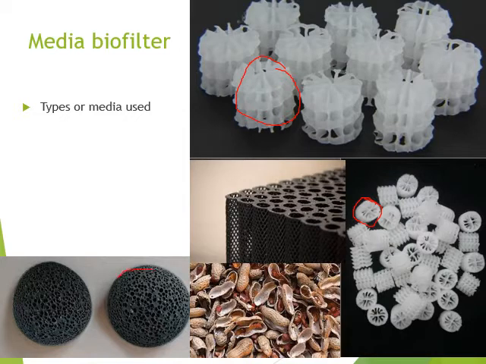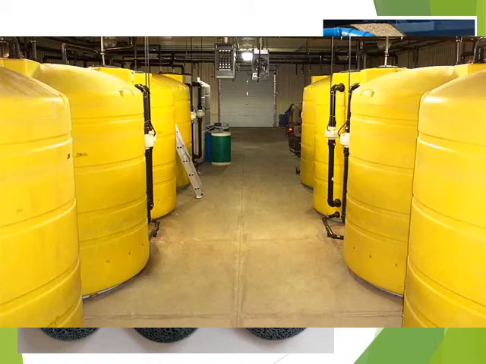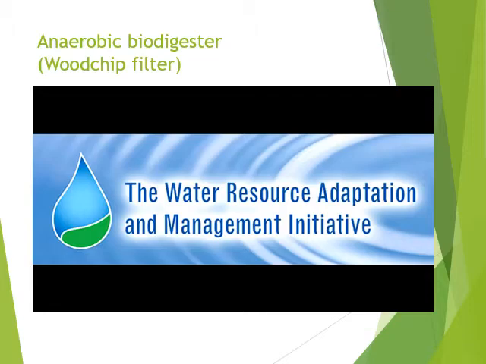And then there's sponges, very high surface area. So it's interesting to see all the different strategies. This is inside a hydroponic farm that's using a lot of media filters to treat their water. So these would each be absolutely full of those convoluted plastic structures to create a huge biofilm.